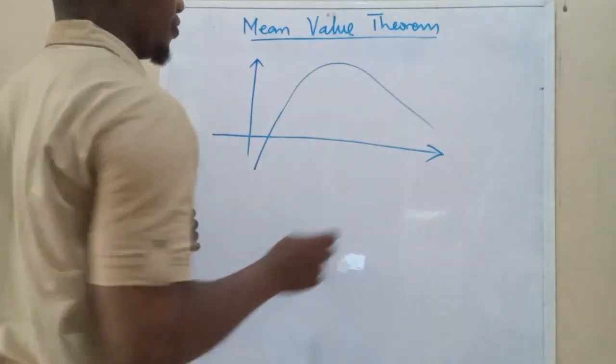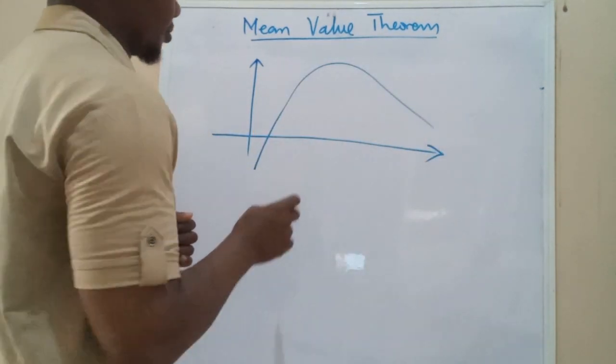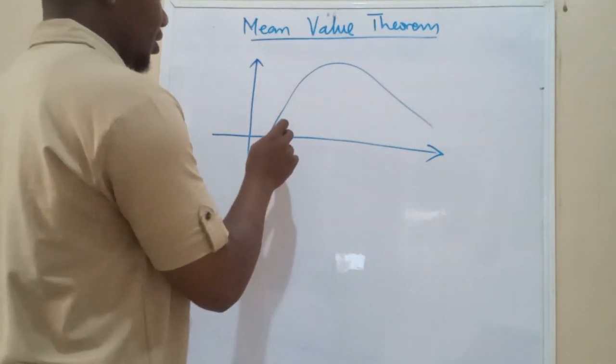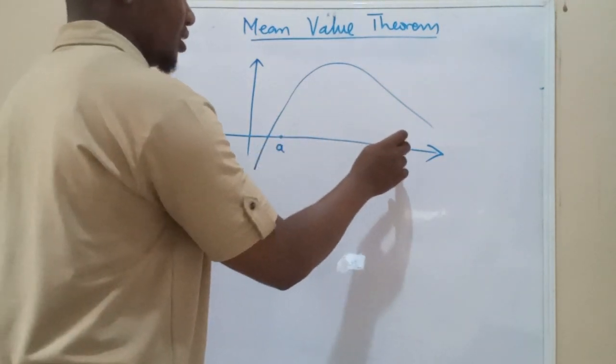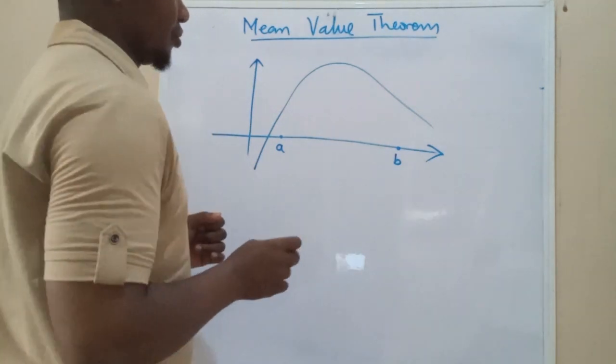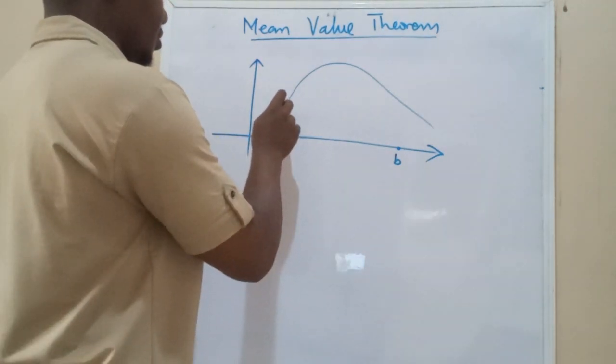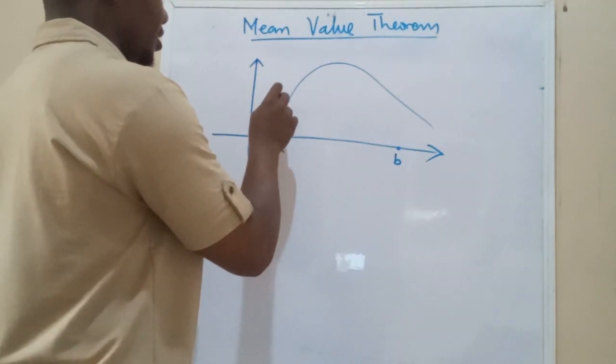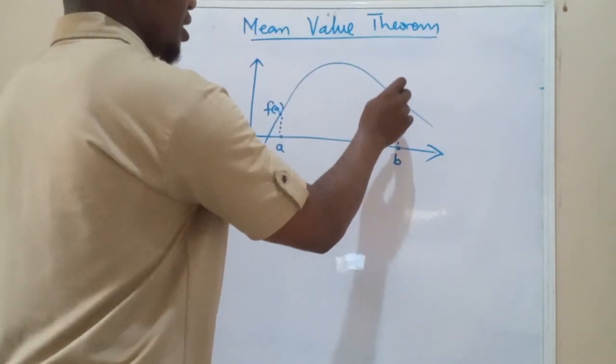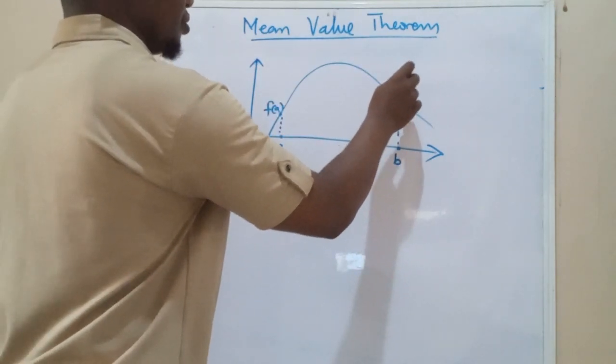Suppose we have a curve of this form, and this curve is defined on the interval AB. Here we have f of a, and here we have f of b.